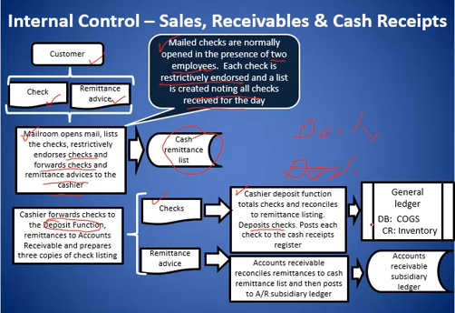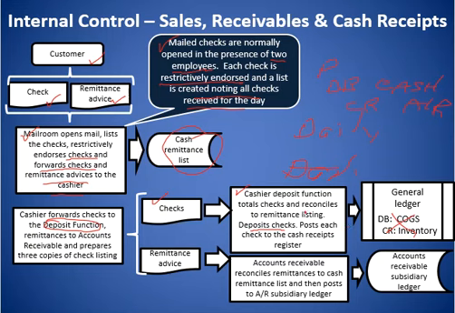to the cash receipts register. Now here I do have an error, and this should be a debit to cash, a DB to cash, and the credit should be to accounts receivable. So that should be the journal entry right here. So that entry's incorrect.